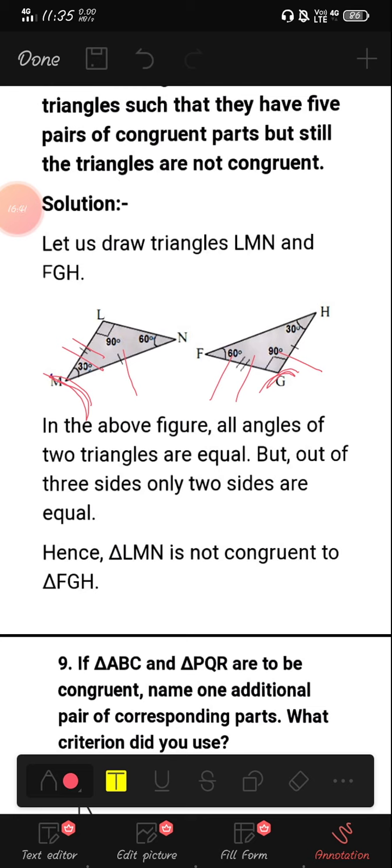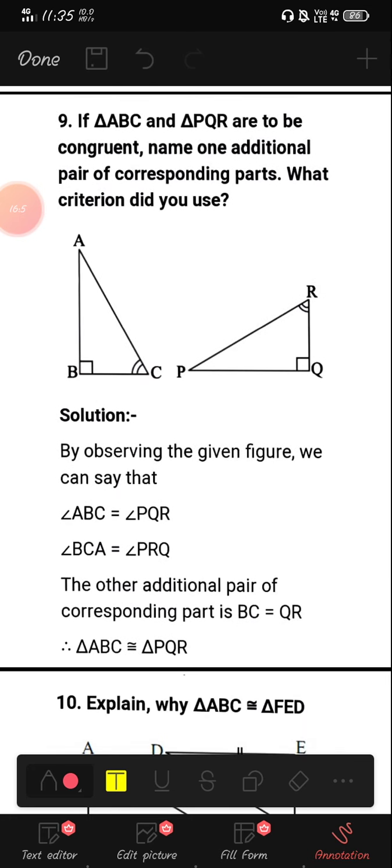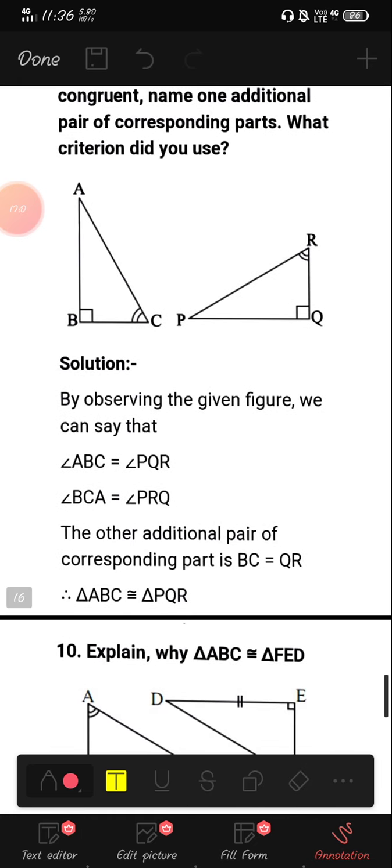If the included angle between them was equal, then they could be congruent triangles. But the included angle is not equal, so they are not congruent triangles. Next is, if triangle ABC and PQR are to be congruent, name one additional pair of corresponding parts. What criteria did you use?